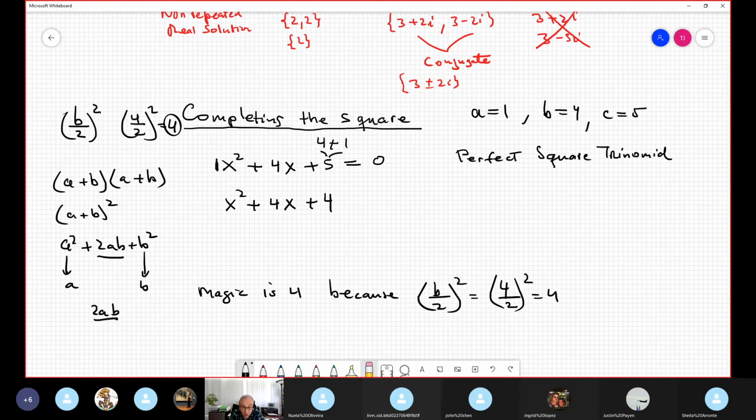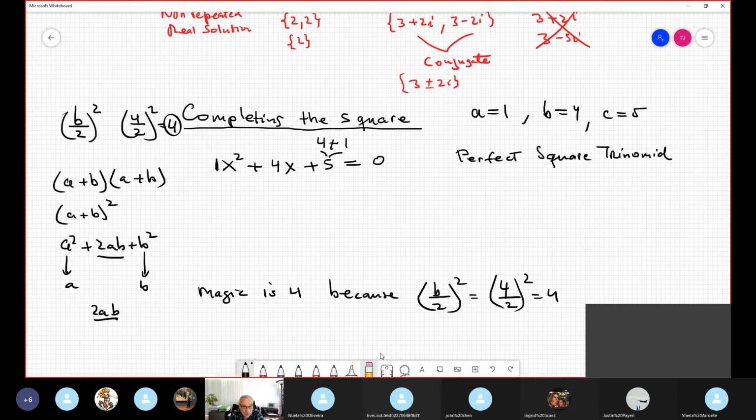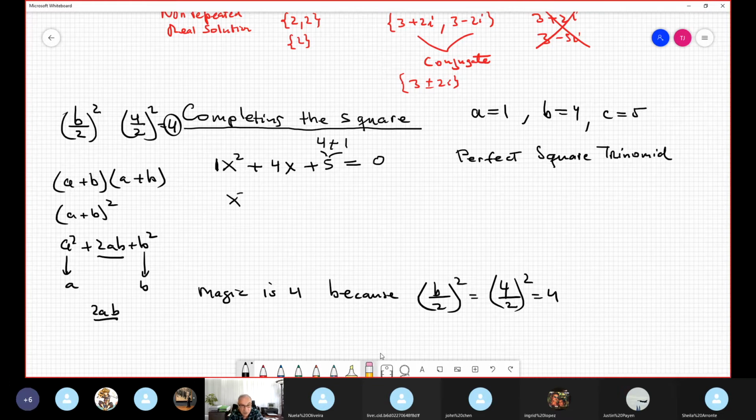In my opinion, to do it in a super systematic way, look, I bring down x squared plus 4x plus a box, and inside the box I put the magic number that completes the square.